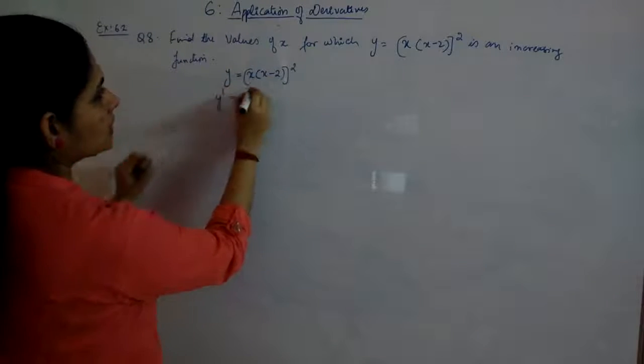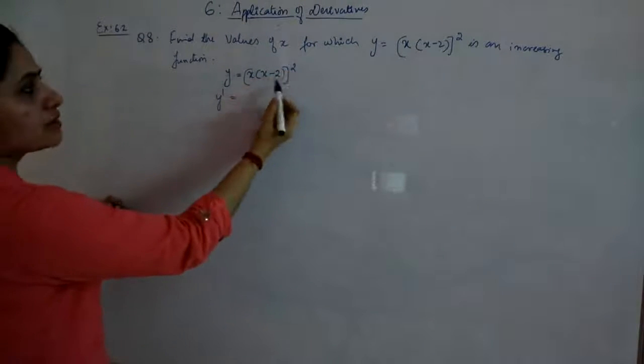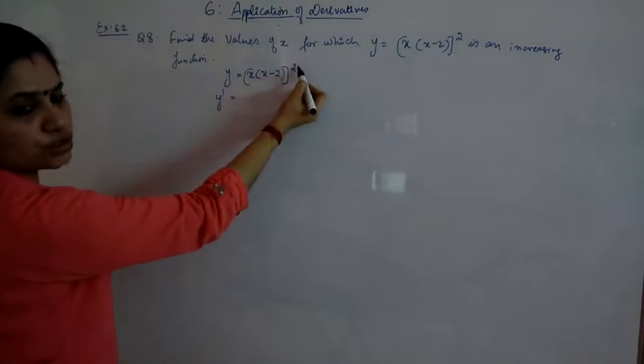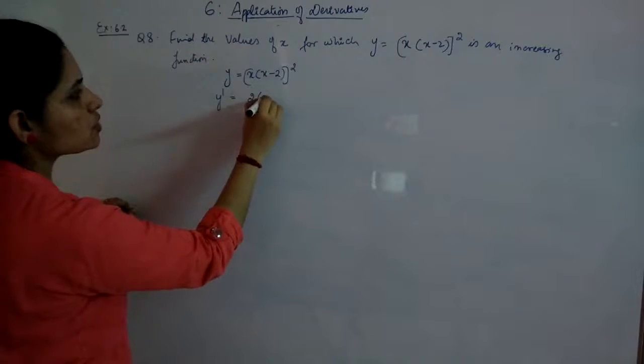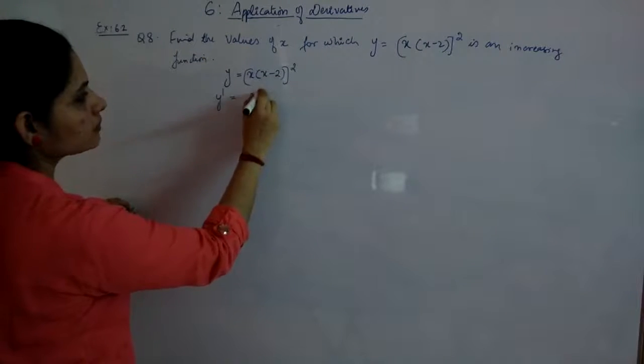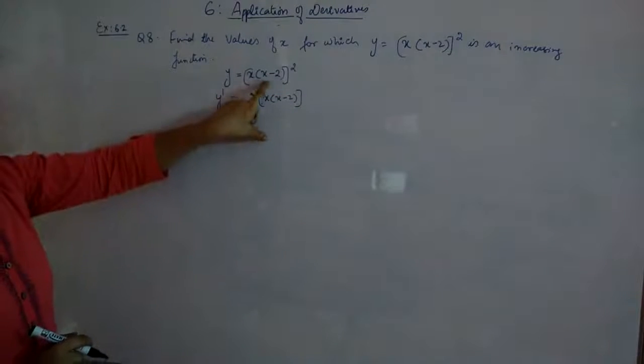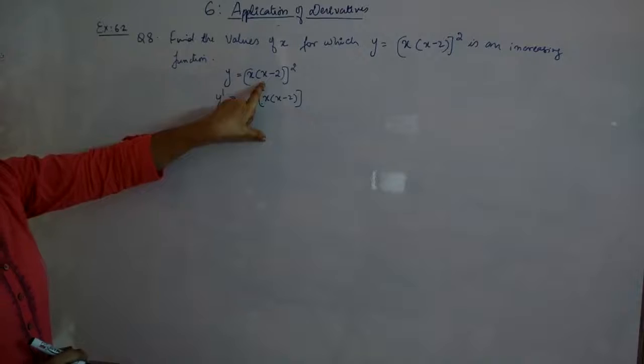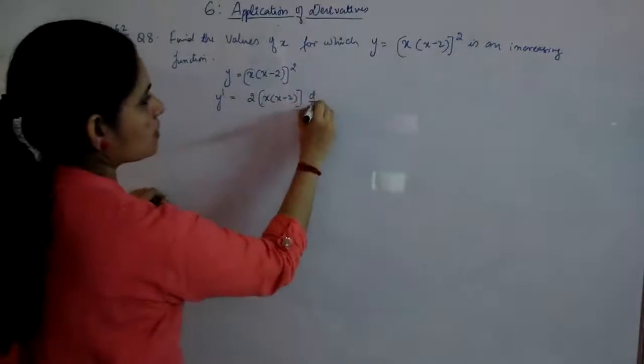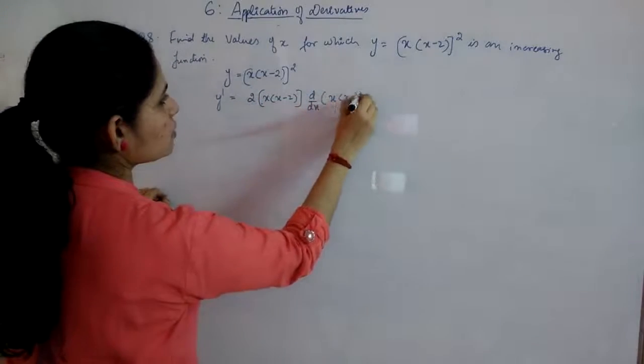Take this as something whole raised to 2. So we'll write 2 into the term x into (x minus 2) into the derivative of this. That you have to use as your product rule, that is d by dx of x into (x minus 2) also.